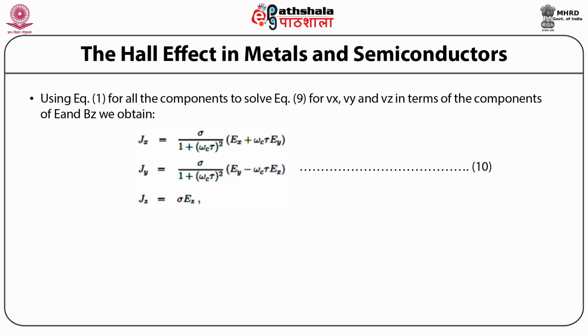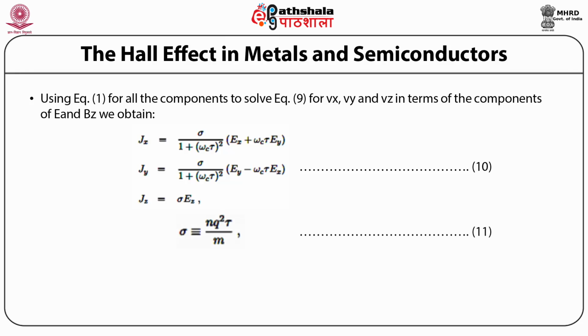Jy is given by sigma divided by 1 plus (omega c tau) squared, multiplied by (Ey minus omega c tau into Ex). Jz equals sigma into Ez. This is represented as equation 10.